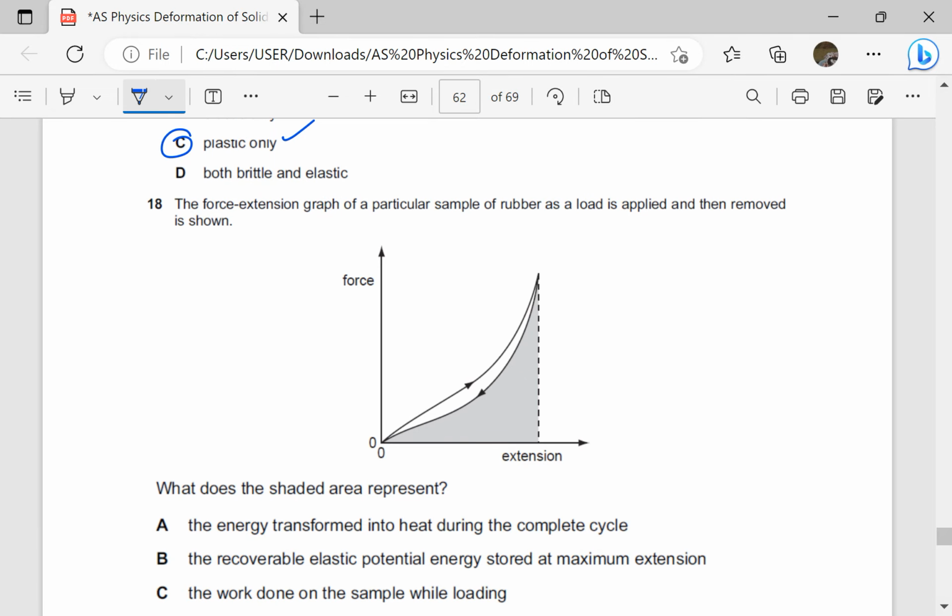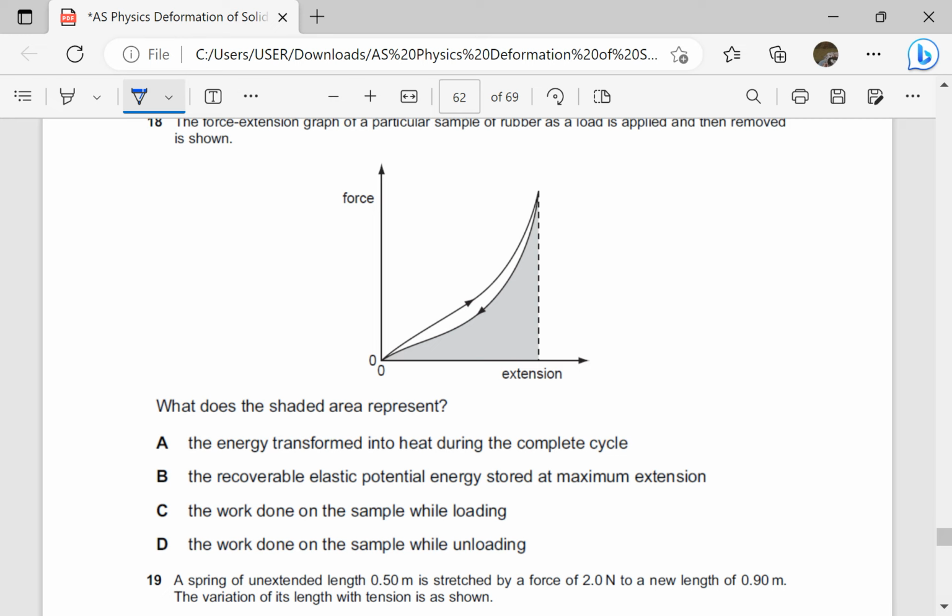The force extension graph of a particular sample of rubber as a load is applied and then removed is shown here. What does the shaded area represent? Now note that the area below the upper curve with the x-axis is the work done in loading. The area below the lower curve with the x-axis is the energy which is recovered when the deforming force has been removed.